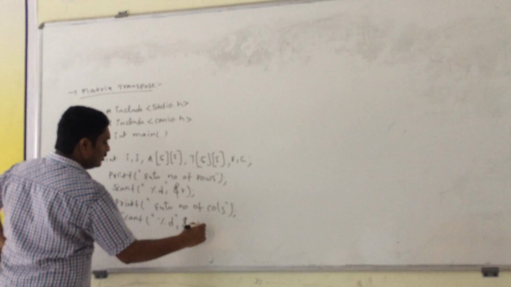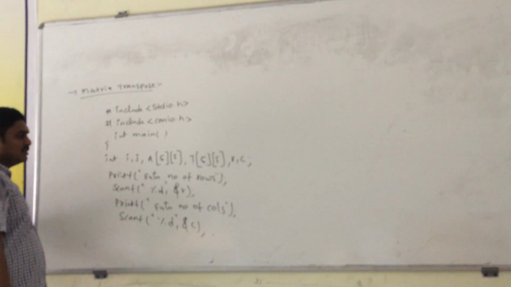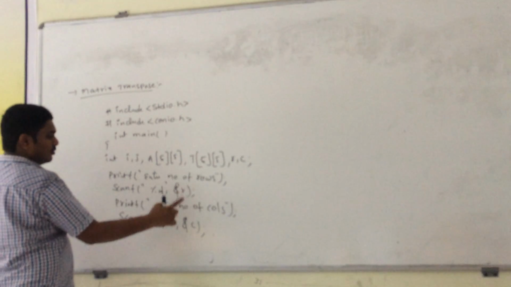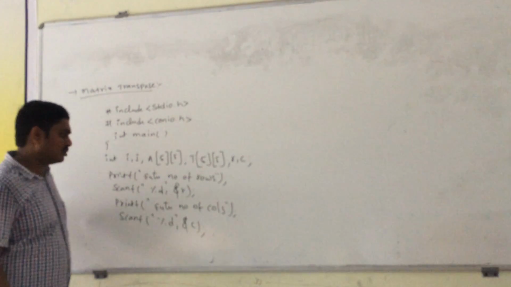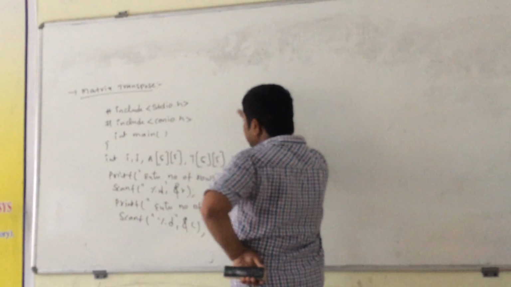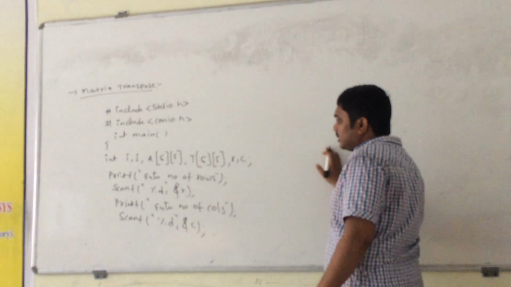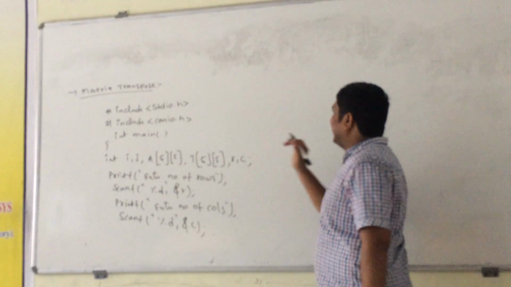This is stored in variable c. So here I know the number of rows and the number of columns. These 2 values are obtained from the output console. After knowing the number of rows and columns, we enter the values into the matrix A.